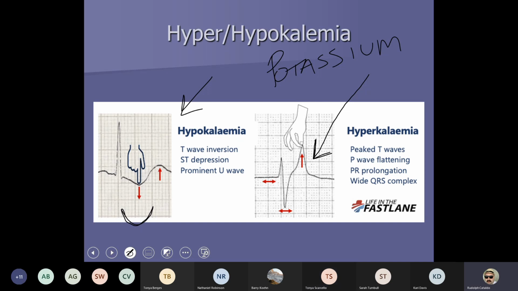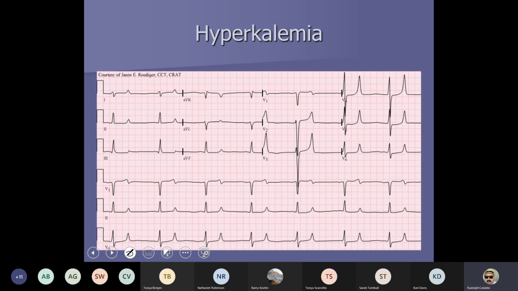You should be able to see that in lead 2, the one that prints out on the bottom, but you generally see it in all your leads, and I'll show you an example of it. That is hyperkalemia.